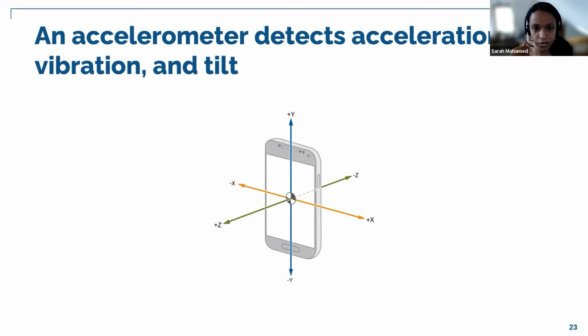Some of you might have also heard of this before as a G sensor or an orientation sensor. And it's a really useful sensor to have. In your phone, for example, it uses an accelerometer to determine if the phone is in portrait or landscape orientation, or whether it's face up or face down. So in the upcoming exercise, you'll collect accelerometer data and then use it to understand what activities you are performing as you move.